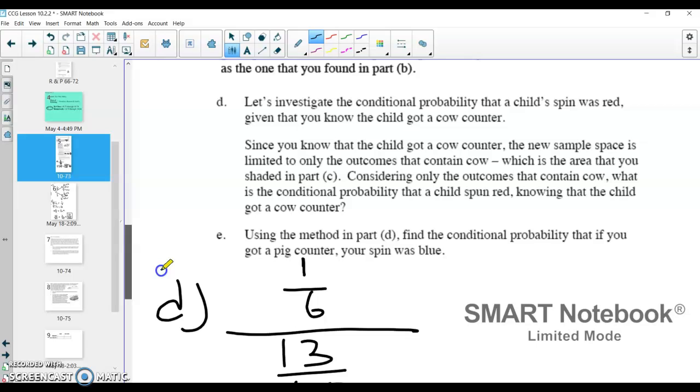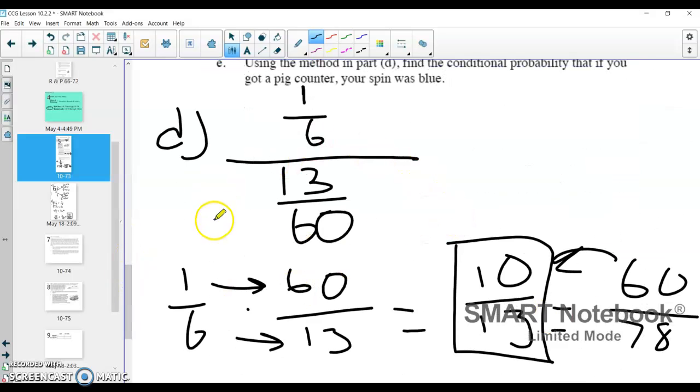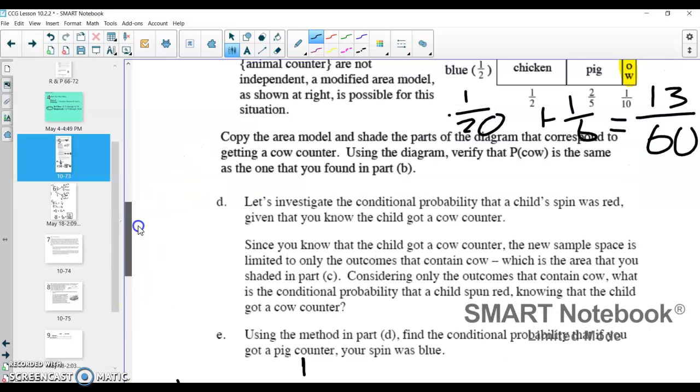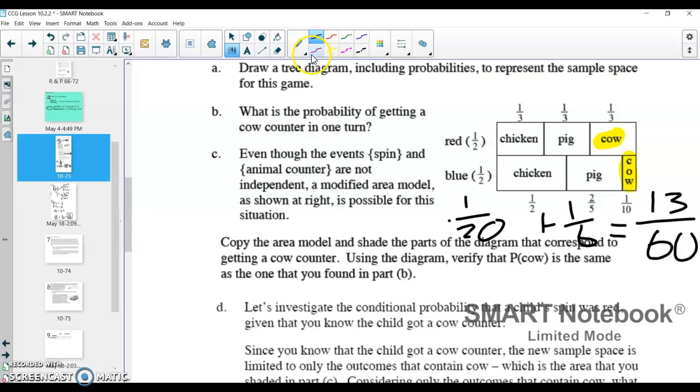We're going to do the same thing for part E here, the conditional probability that you got a pig, knowing that your spin was blue. So again, we're going to put our entire sample space in the denominator with blue pig in the numerator because that's the specific one we want. First I'm going to erase what we were doing up here with the cow.